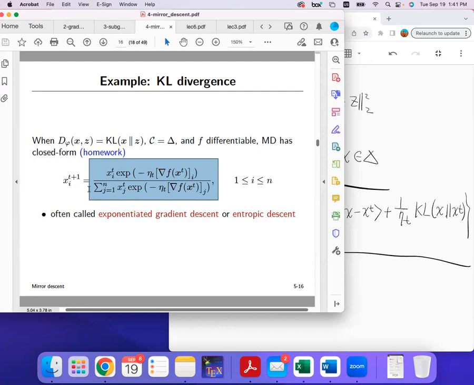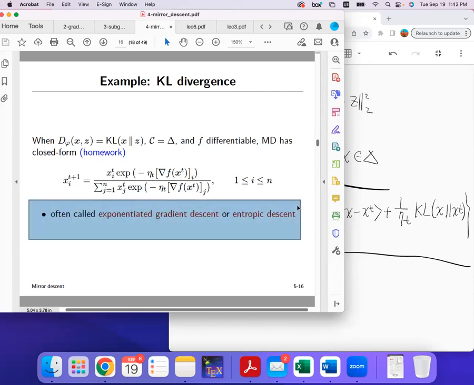It is always positive because of these exponentials, and they sum up to 1. The constraint is automatically satisfied. So this is actually a very classic algorithm called entropic descent or exponential gradient descent, because of those exponentials.